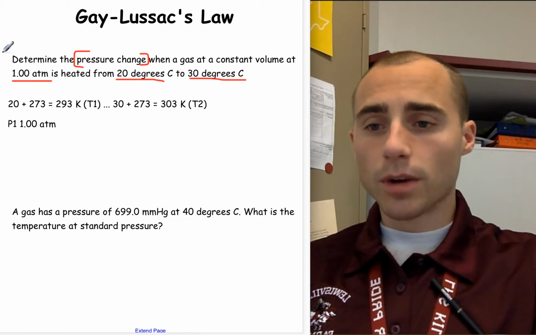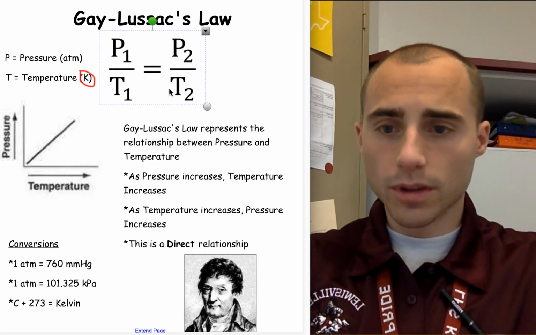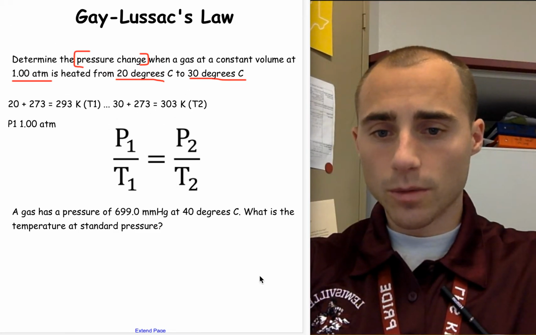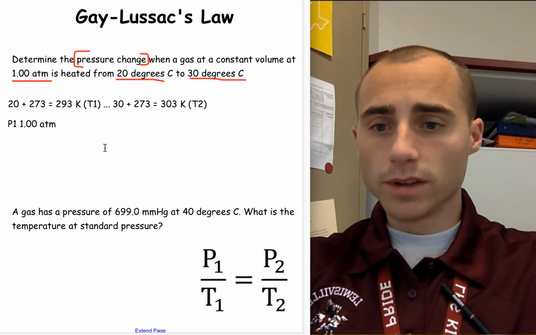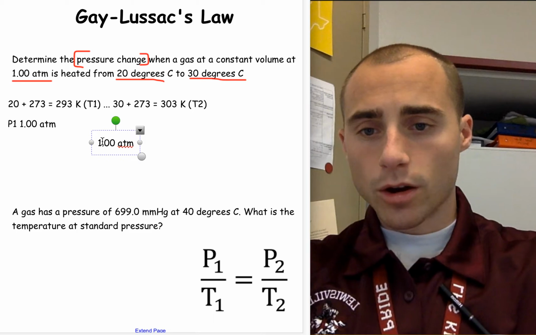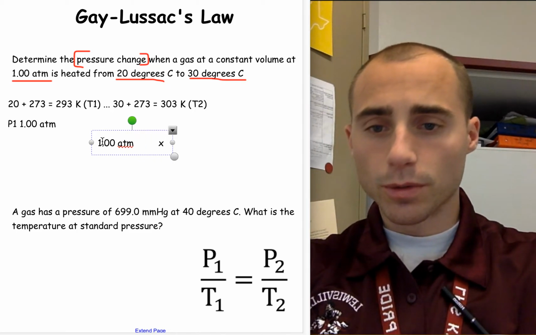So let's set up our formula here. Let's go back and make sure we have this formula. Let's bring that over to this screen so we have it on the screen somewhere. So our pressure 1 is 1 atm. Our pressure 2, we do not know, so we just put X right there.